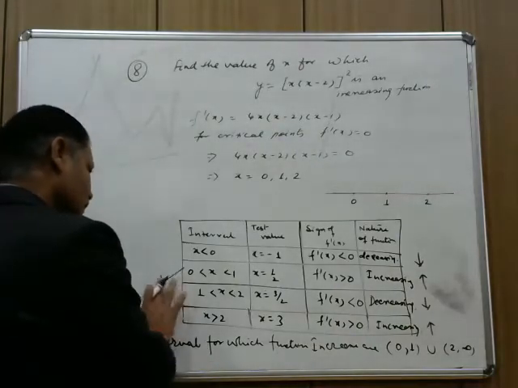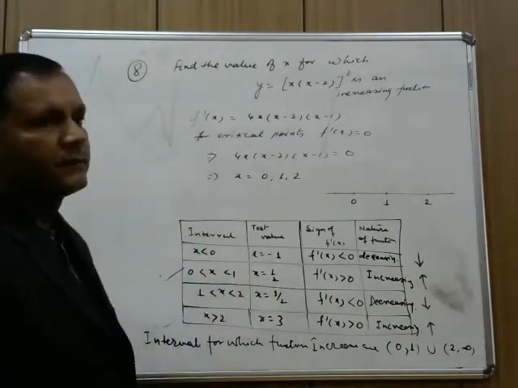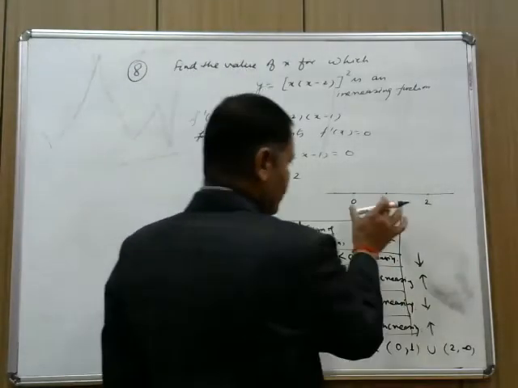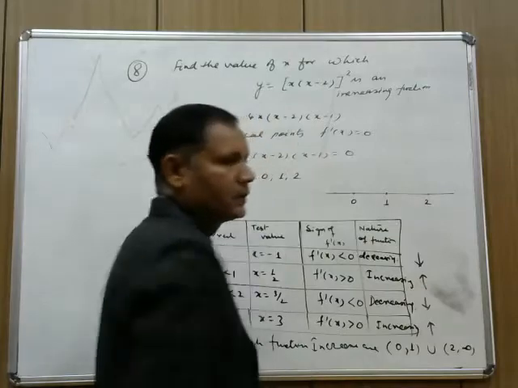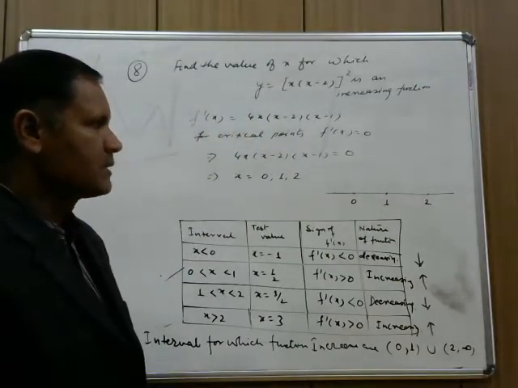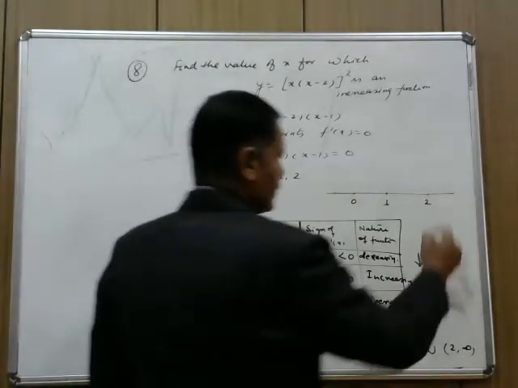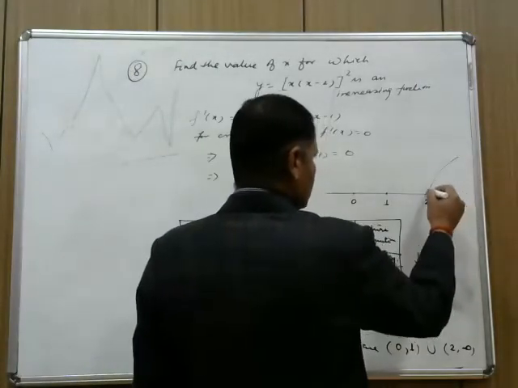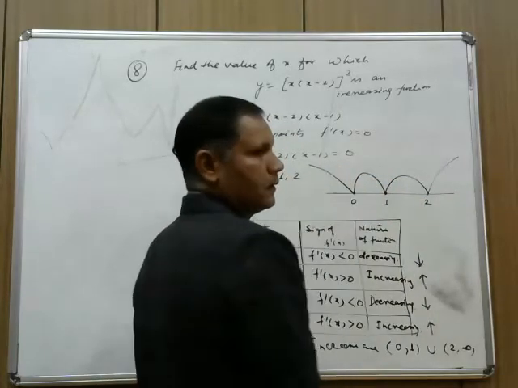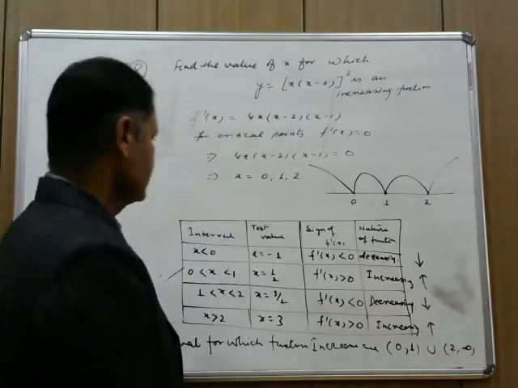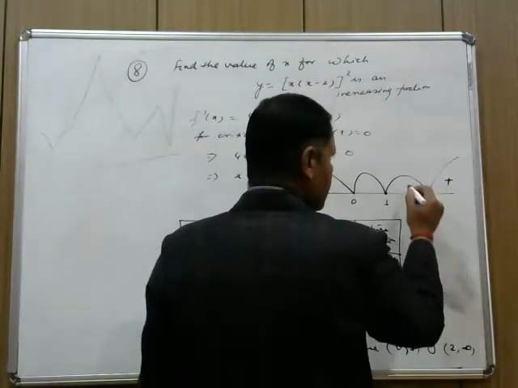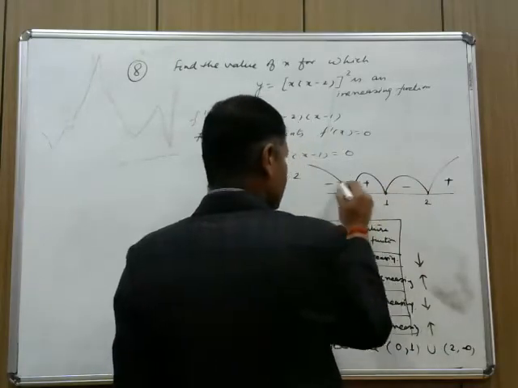Instead of doing all this is the one method. And we have discussed also that if this 0, 1 and 2 divide the number line into 4 disjoint sets, now we have the intervals 2 to infinity, 1 to 2, 0 to 1 and the rest. Now this will be plus, minus, plus, minus.